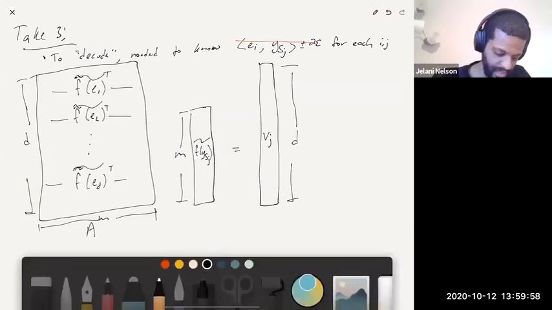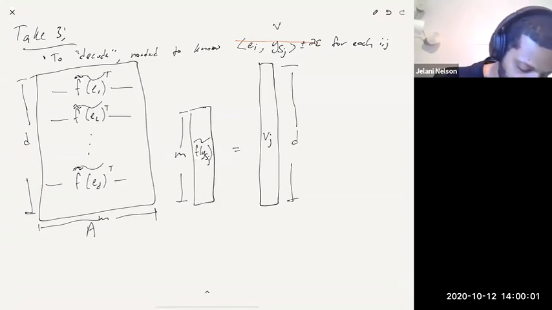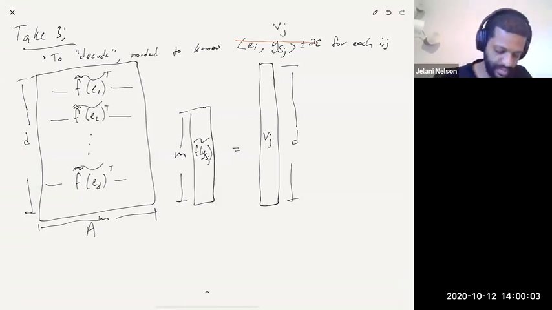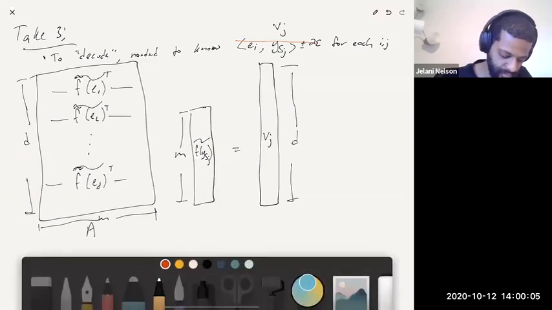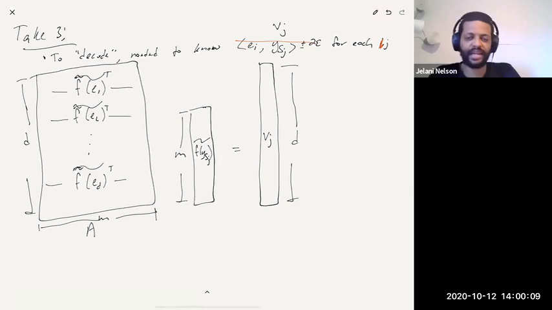So really what we're saying is that we want to know v_j for each j. As long as we know v_j for every j, we're happy. That's basically what we said so far.